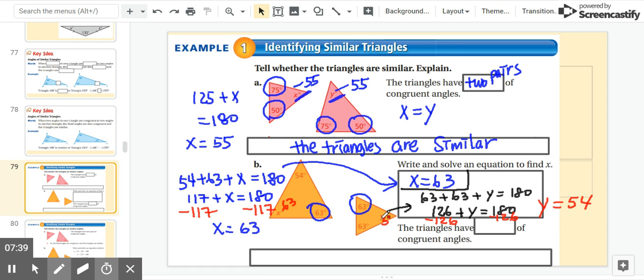So all three angles are congruent, right? We have two 63s. This is going to be isosceles. So the third angles are congruent, right? The 54 and 54. So the triangles are similar. To be safe, I recommend you find all three angles on the quiz or test. And the triangles have three pairs of congruent angles.